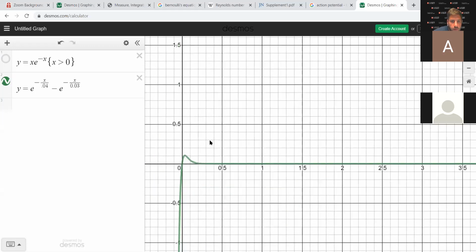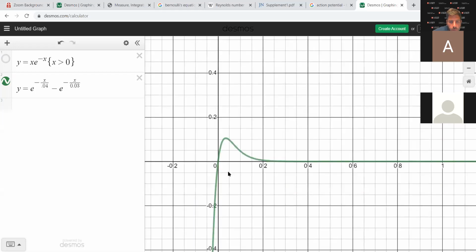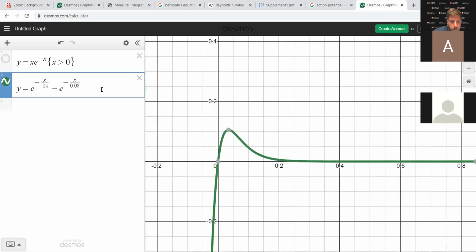So if you go to something like this, now look at it. You imagine this is an injection of current. It starts out as a real high concentrated injection, and then the current dies out to 0. What does the solution look like here? Well, you solved it already, so you can actually graph it and see.